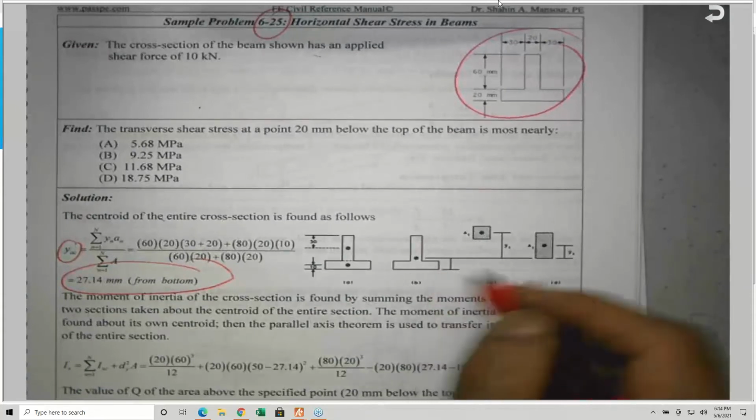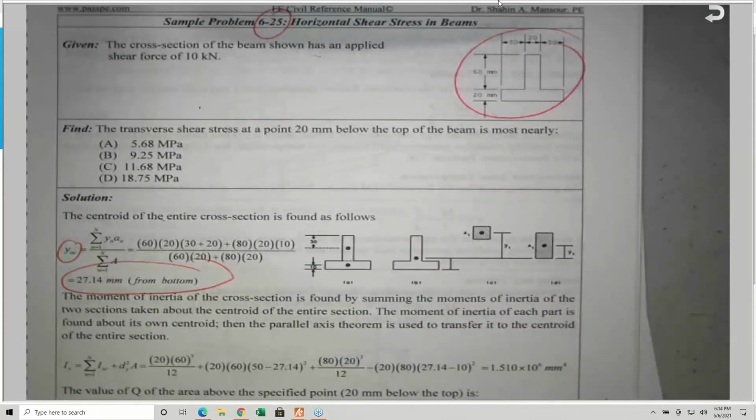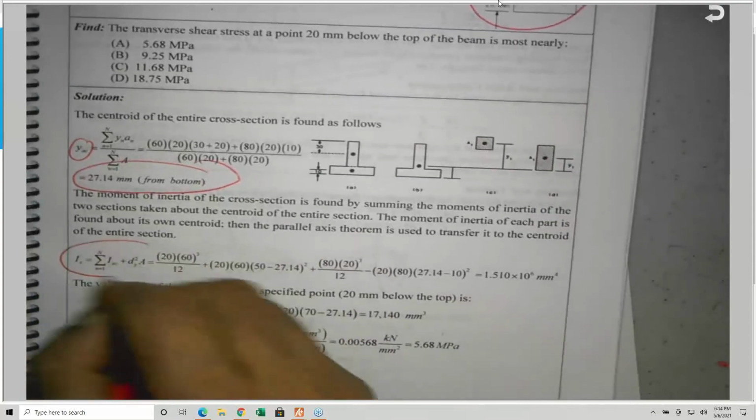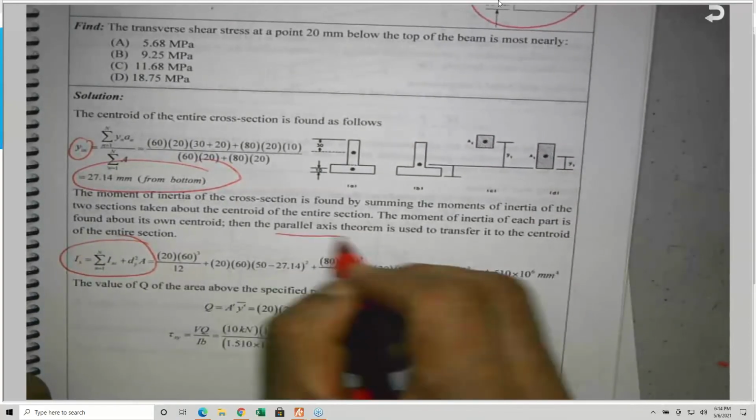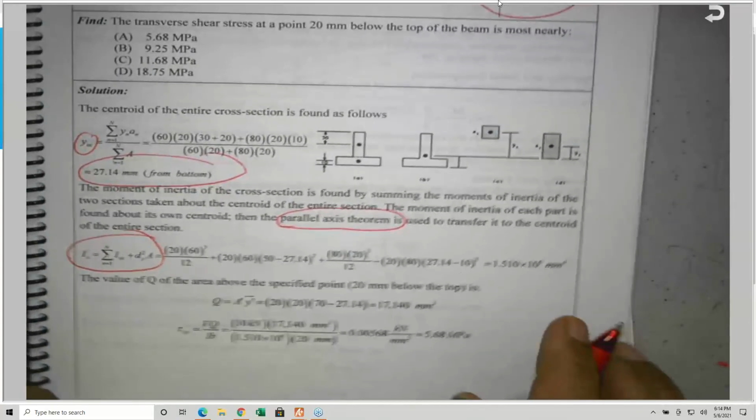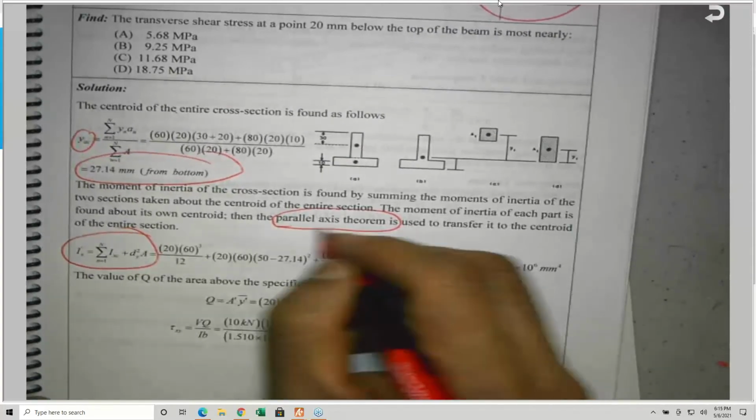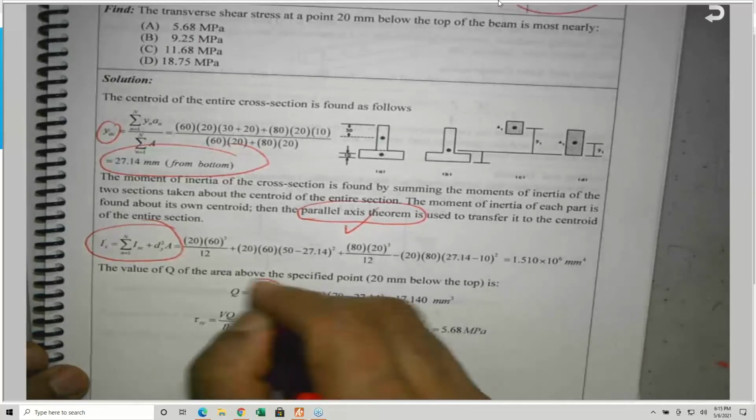I broke it down into 2 pieces, as you know, and found the neutral axis. After that, we need to get the moment of inertia using the parallel axis theorem again. I needed to know this. And this is the Q.